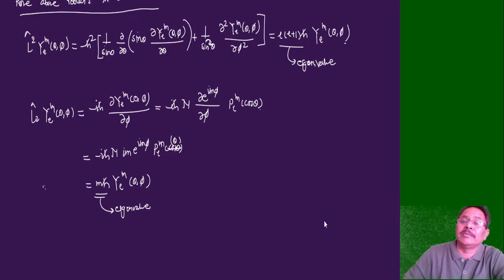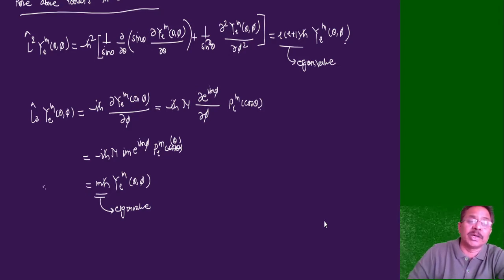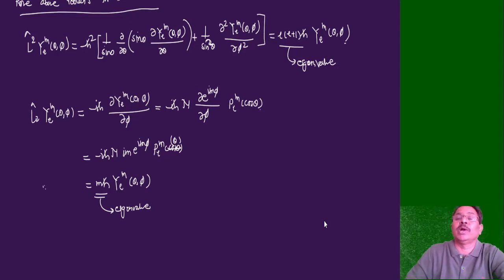If I take only l(l+1), this is going to be a pure number, and this is nothing but the orbital angular quantum number, and this spherical harmonic Y_lm(theta, phi) remains as it is. So operating this operator on the spherical harmonics, I am getting the orbital angular momentum quantum number.